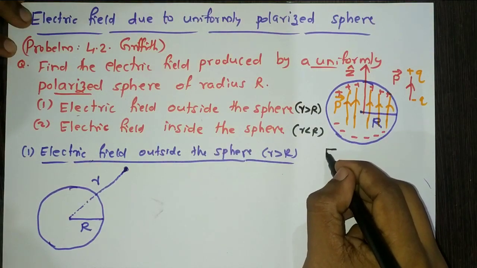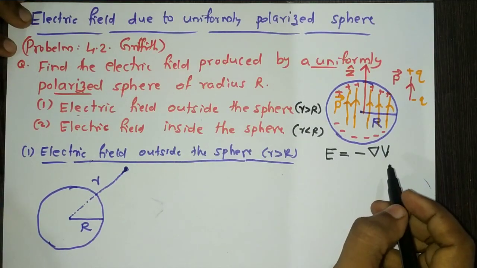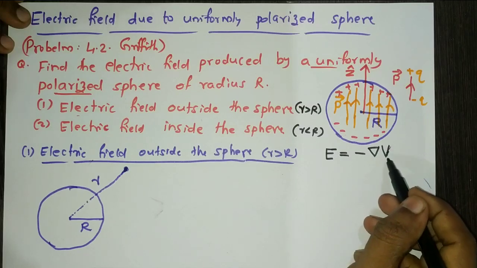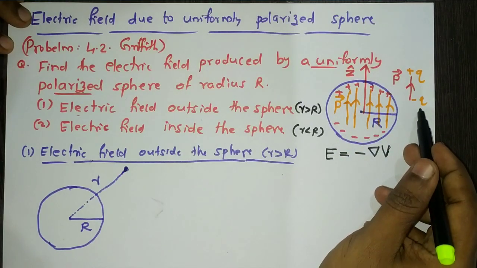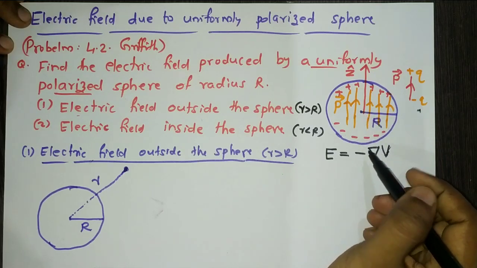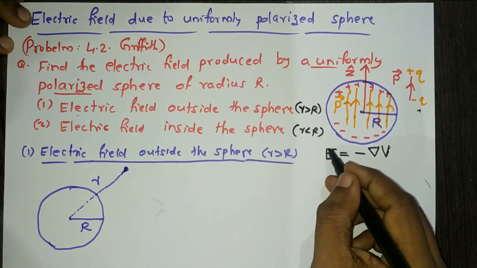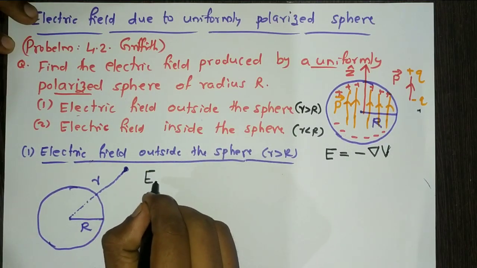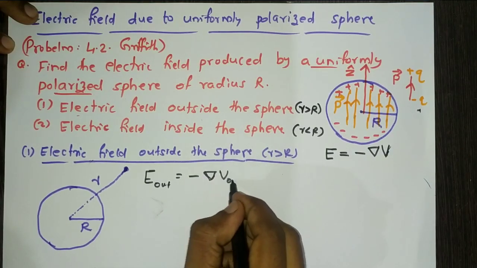To find the electric field, we can use this relation, minus del V, because since the potential is a scalar quantity, it will be quite easy to find the potential due to this polarized sphere outside as well as inside. Then simply take the negative gradient, and we will get the electric field inside as well as outside. E outside can be written as minus del V outside.